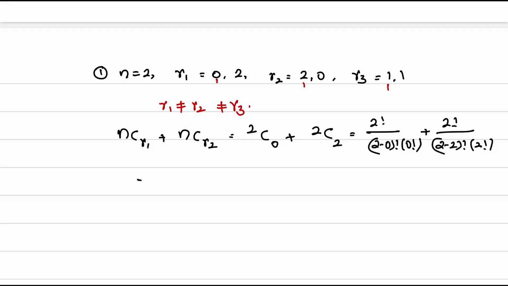Now, what is its value? Factorial 2 by factorial 2 is 1, factorial 0 is equal to 1, so 1, plus factorial 2 by factorial 0 into factorial 2, that is also 1, so the sum is 2.